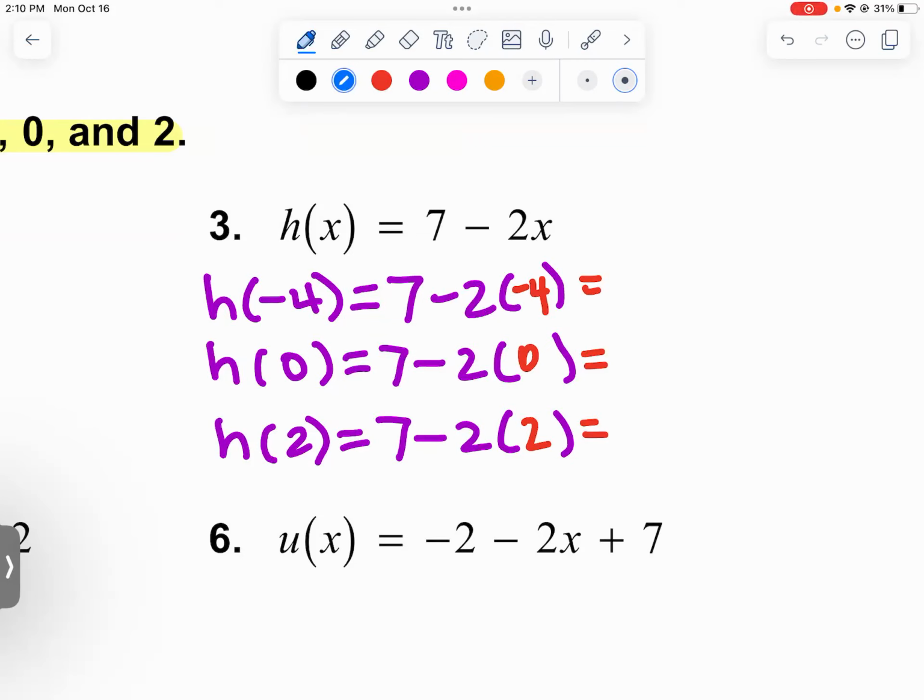Hey Henry, what did you get for h of negative 4? Okay, so this would be 7 plus 8.